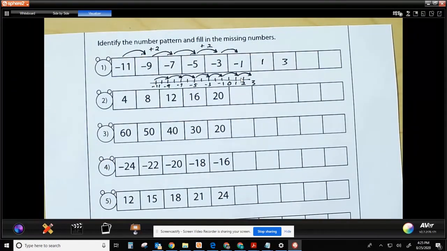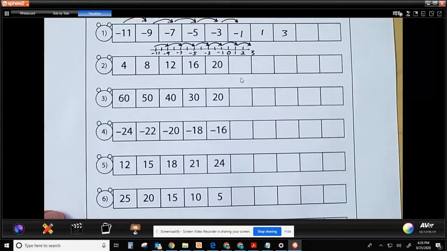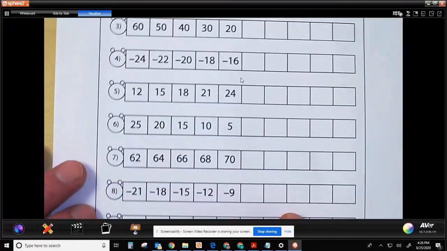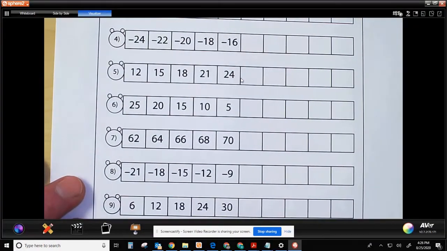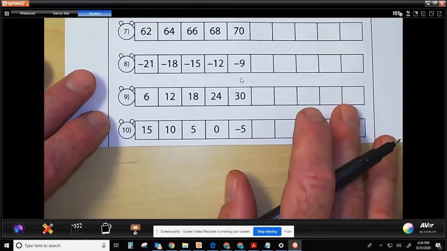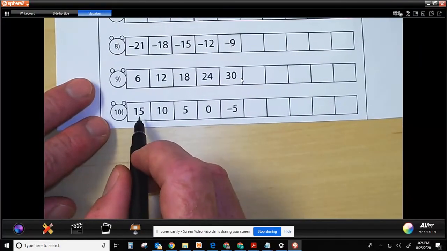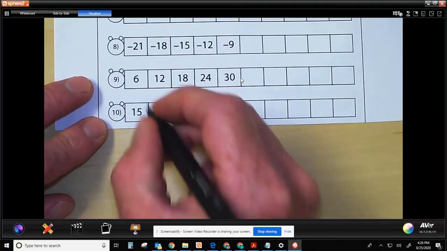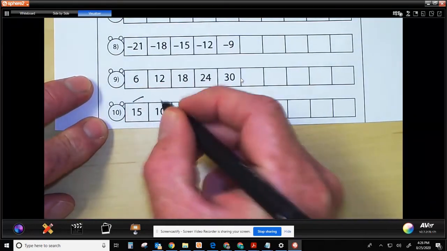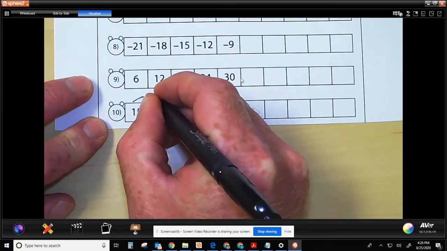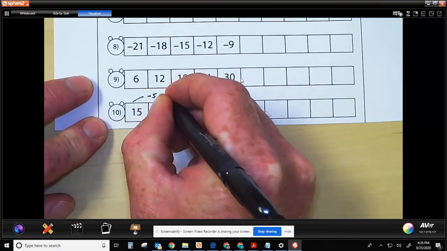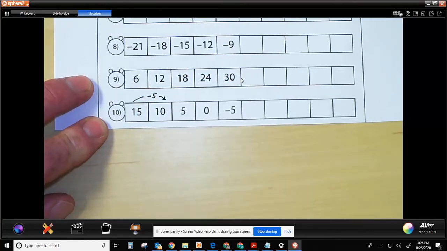Okay, let's try one with negative numbers. Let's go all the way down to the bottom. 15 goes to 10. What happened here? This was a reduction, a subtraction of 5 from 15 to 10. I need to check my next sequence.